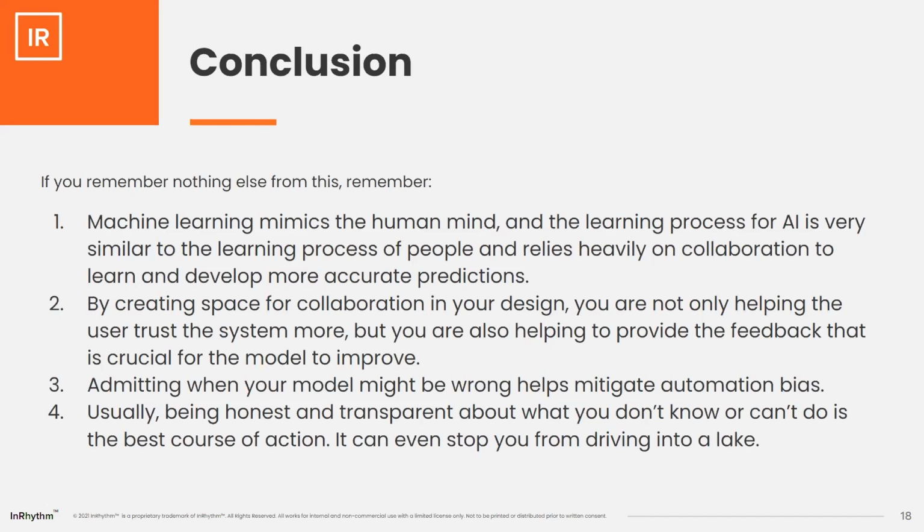Maybe being honest and transparent about what you or your system doesn't know or can't do is the best course of action. We know from firsthand experience that building AI systems that collaborate closely with their users leads to a better user experience. It nurtures that trust in the product.